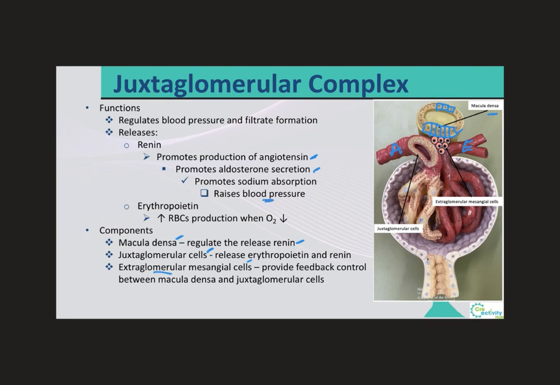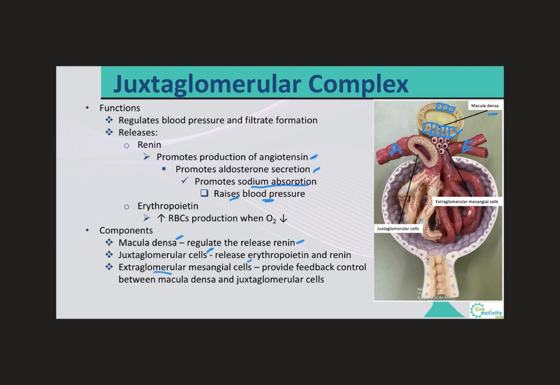Therefore, if you have low blood pressure, aldosterone will promote the absorption of sodium, and this will raise the blood pressure, because where sodium goes, water follows, and this increases blood pressure.